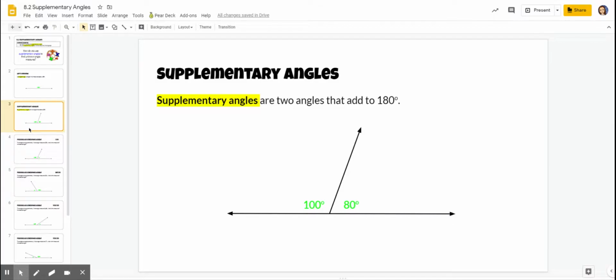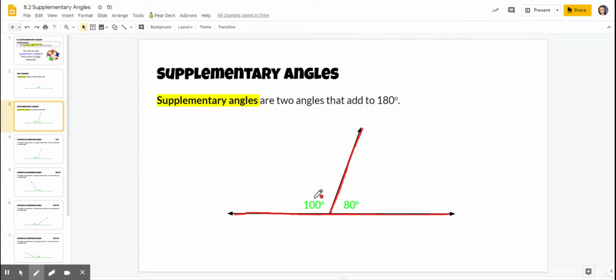That's important to know because when we're dealing with supplementary angles, we are talking about two angles that add up to 180 degrees. If you look at the example here, we still have our straight line, but now we have this ray splitting it into two separate angles.